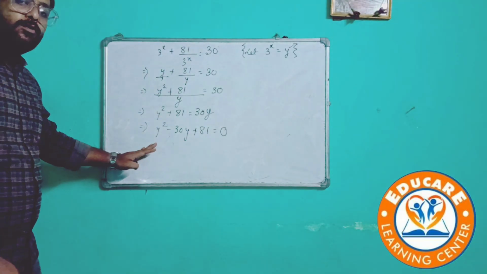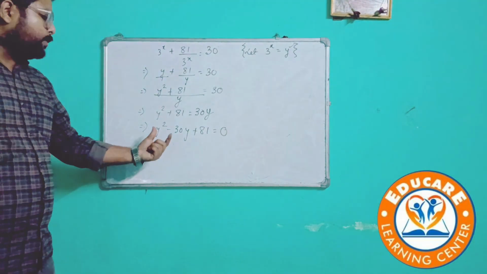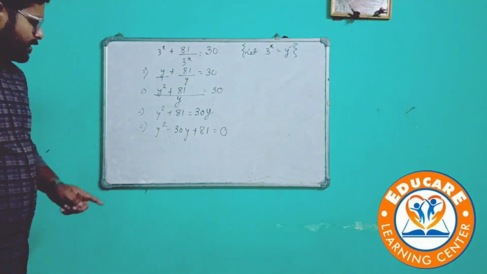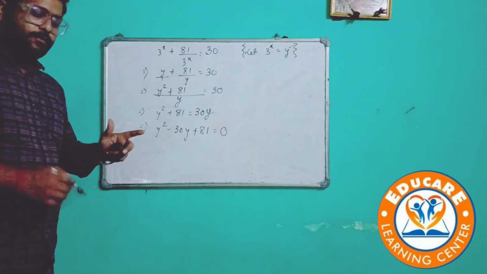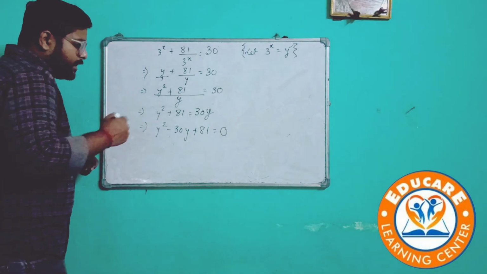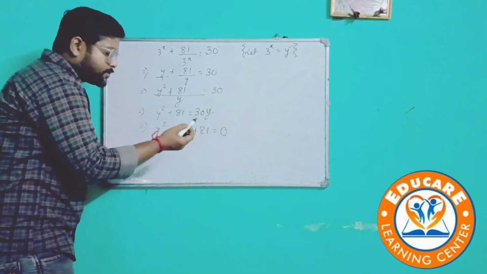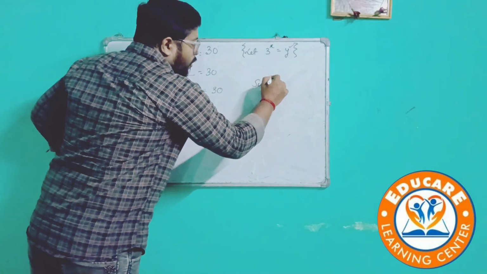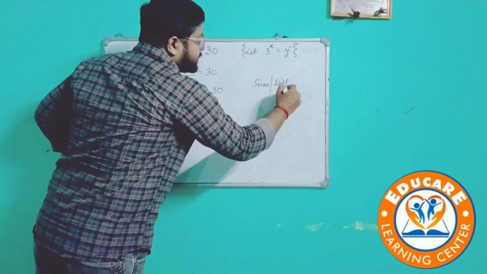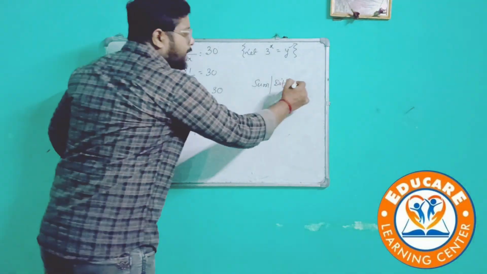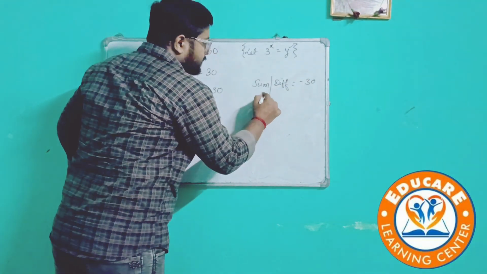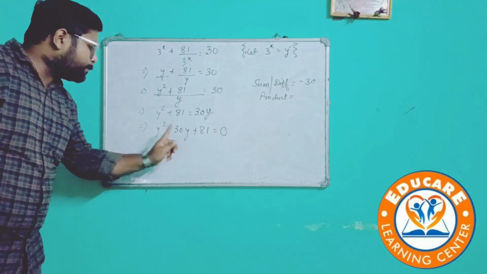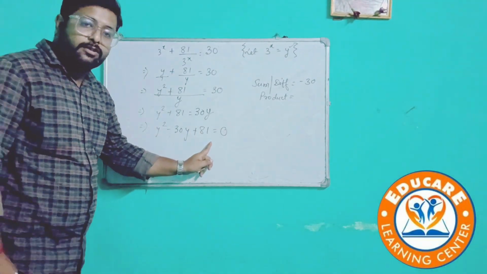Now we have come down to our equation where we need to do factorization, or we can say we need to do the middle term split. For solving this kind of question, what is the process? If we add or subtract, we should get minus 30, means the sum or the difference should be the middle number, that is minus 30, and the product of the numbers should be the product of the extremes.